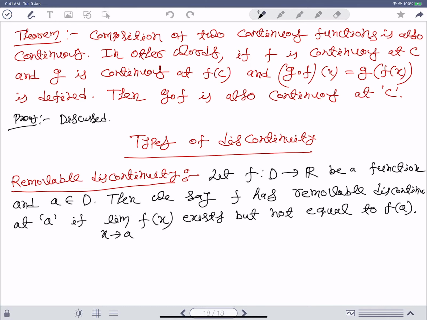That means the limit of the function at x equal to a exists but the value is not equal to the value of the function at x equal to a.